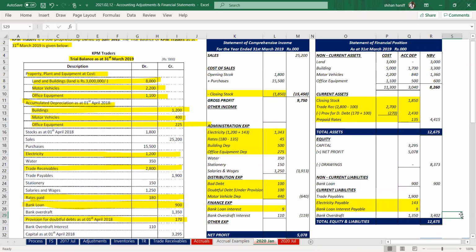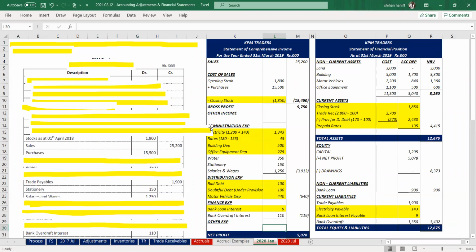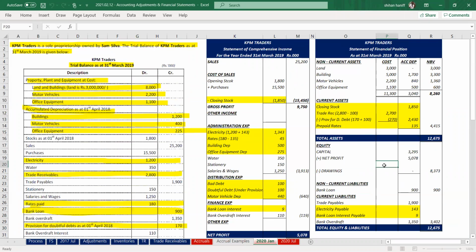Total assets and equity and liabilities 12,675. Any doubts? So this is the preparation of the income statement and statement of financial position.